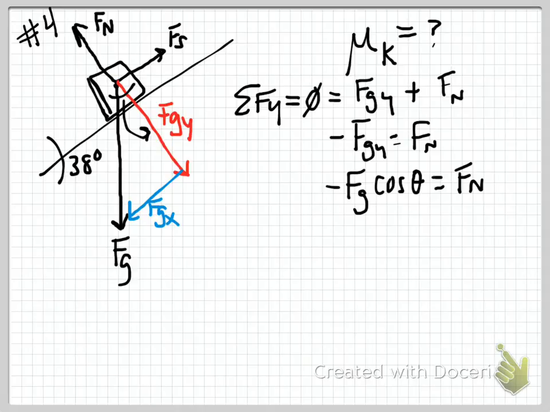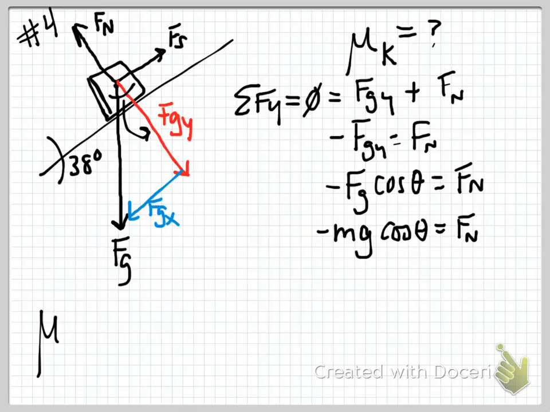F of G is mg, because we don't have the tools here to find F of G, because we're not given mass. So what does that tell you you're going to have to do at some point in this process? Factor out the mass. You're going to have to get rid of the mass. Okay, so negative mg cosine theta equals F sub n. Okay, good. We have a nice little expression that we can use.